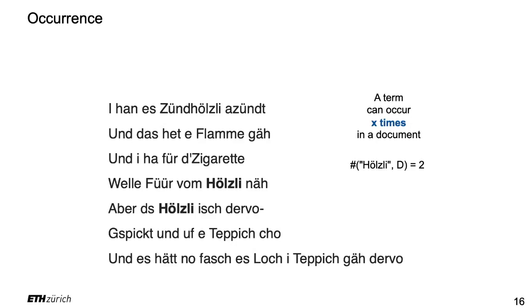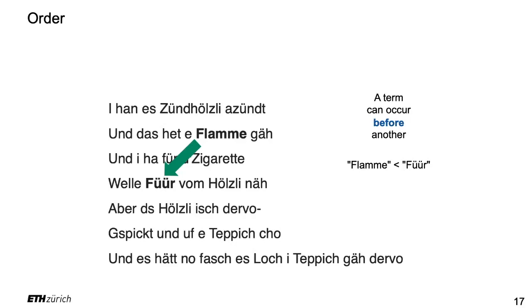But you are right that the location at which it appears, we will see that we can actually include that in the structures that we are going to build. For the purpose of the abstraction, this is really about your remark about the order in which the terms appear in the document. So for example, in that case, Flamme happens before Pure in the document, right?